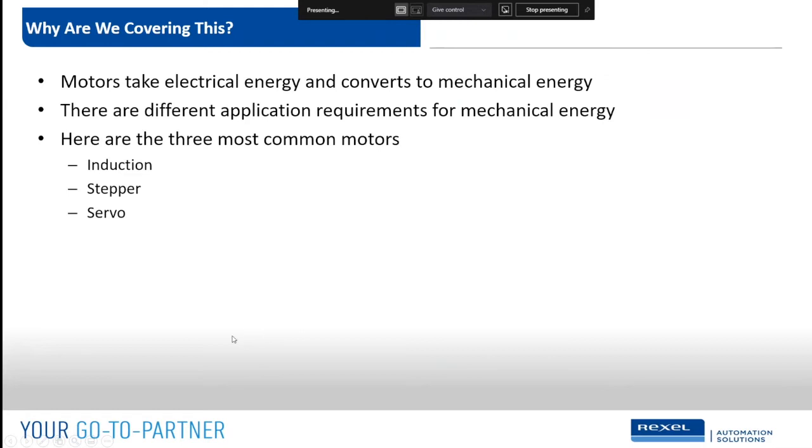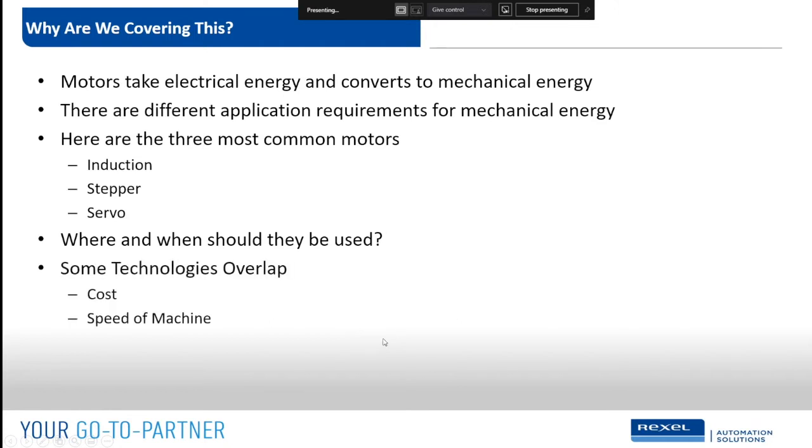We're going to cover the three most common types of motors, which are induction, stepper, and servo, and where and when they should be used. Then we can talk about where some of them overlap. And that's where you'll have to decide, based on cost and the overall throughput of your machine. So all of those really come into play.